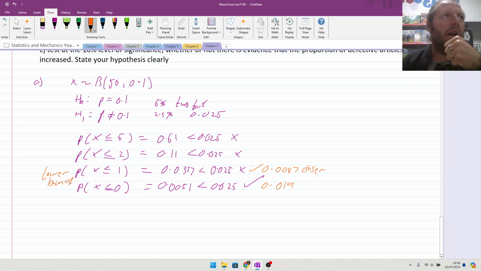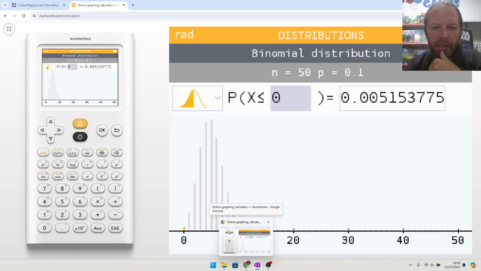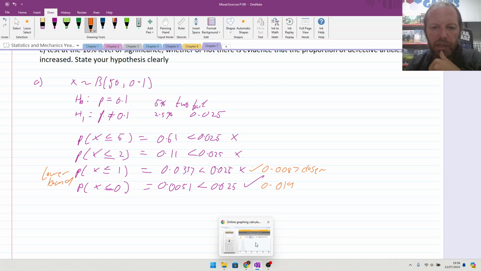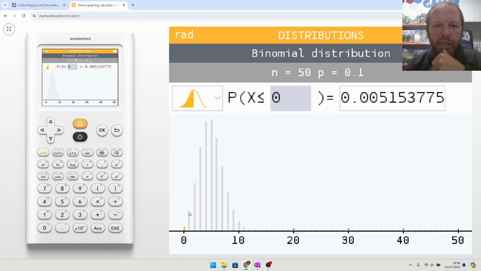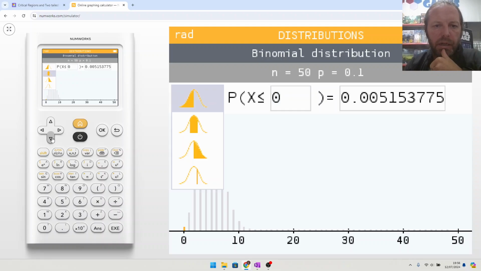Now then, as we look for the next part, we need to look for the top end of this. Now, instead of putting it all into the calculator or writing it all down like I did that one, I'm just going to look at it on the calculator and see what we've got. This calculator is quite nice. It draws us the shape there, and it can also do the bounds on it, but we can go for the upper bound here.